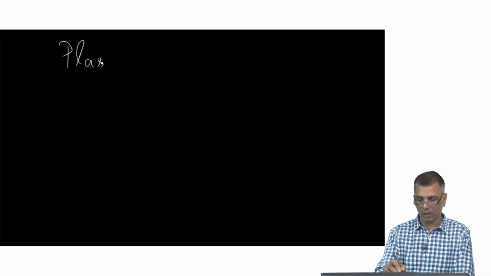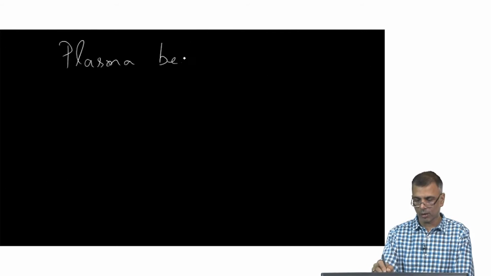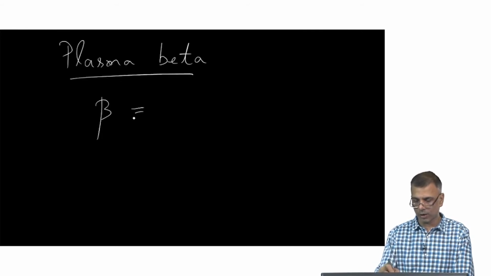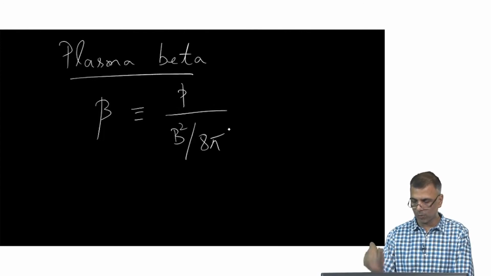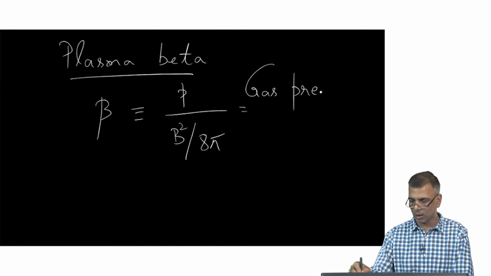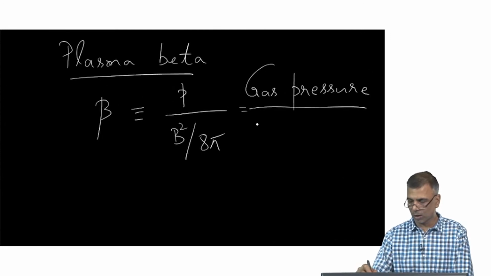There is a very important dimensionless number called the plasma beta, which is defined as P over B squared over 8 pi. It's essentially gas pressure over magnetic pressure.